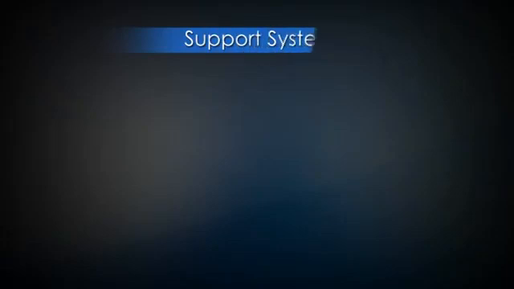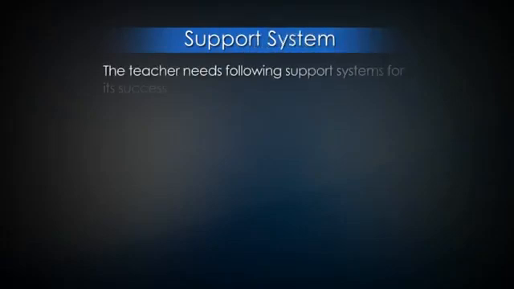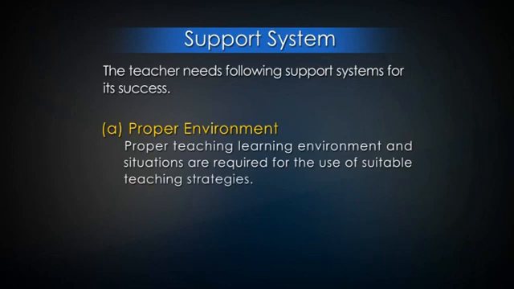Then we have the last of the 5 fundamental elements, that is support system. The teacher needs the following support system for its success. A. Proper environment. Proper teaching learning environment and situations are required for the use of suitable teaching strategies.